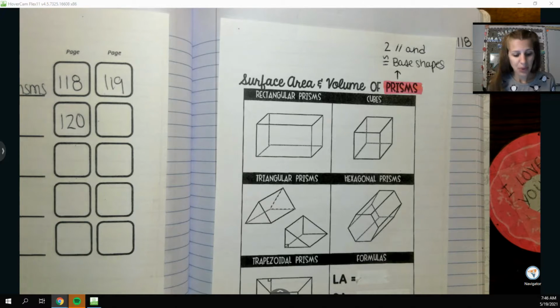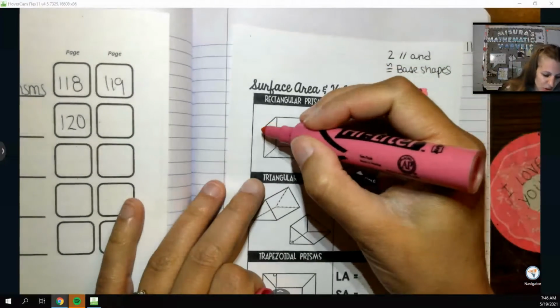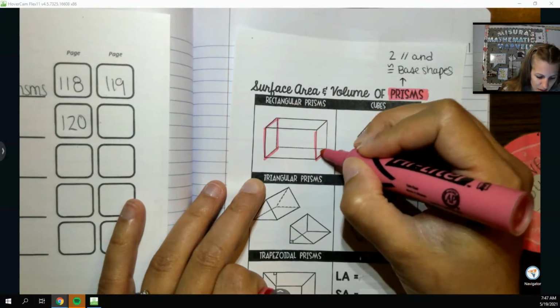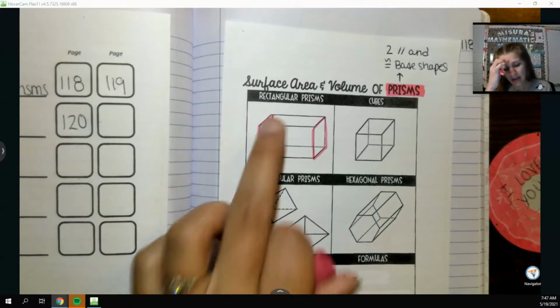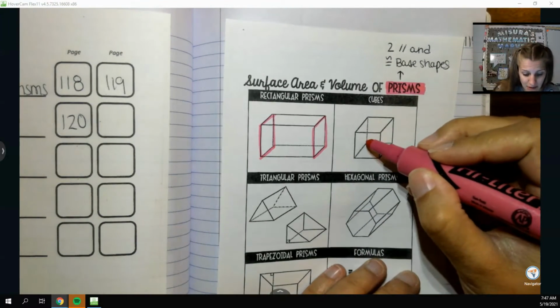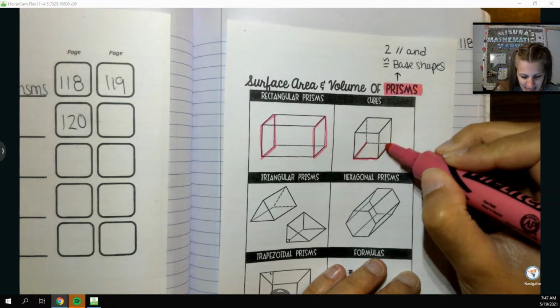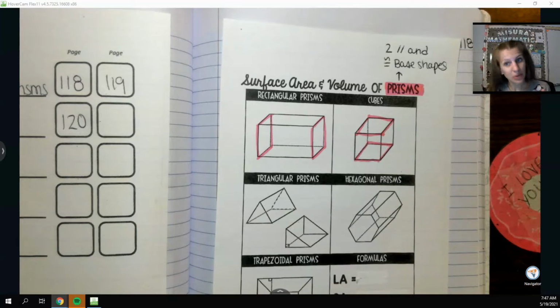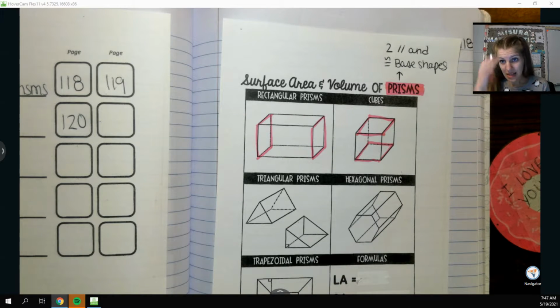So, for example, if I have two rectangular bases, then I call it a rectangular prism. If I have two square bases, I could either call it a square prism, or sometimes we call that a cube. Just think of a die. That's a cube.